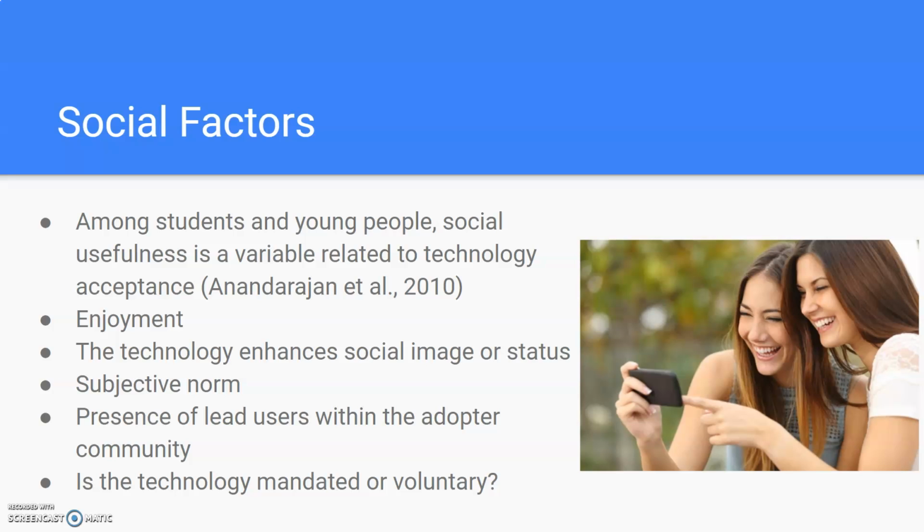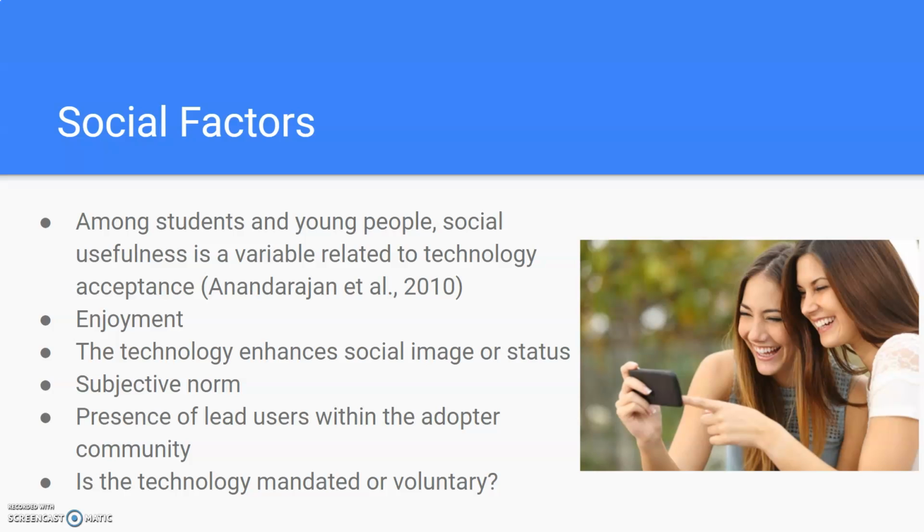Other social factors are enjoyment, and a big component of social factors is the technology as a status symbol or giving the user a better social image, and also the presence of lead users within the adopter community.